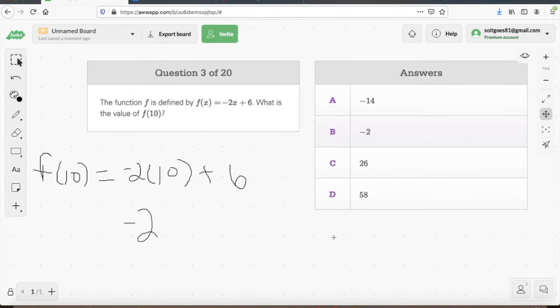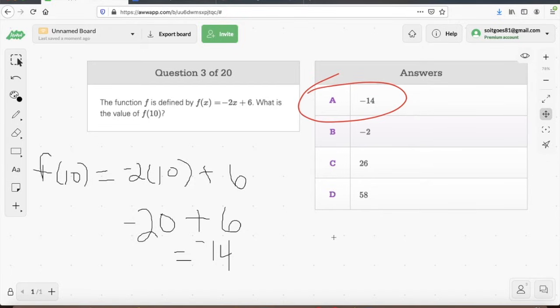Do that multiplication. Beautiful. Come on. What's the right answer here? Answer choice A. Bingo. Oh, I just erased it. There we go. Beautiful.